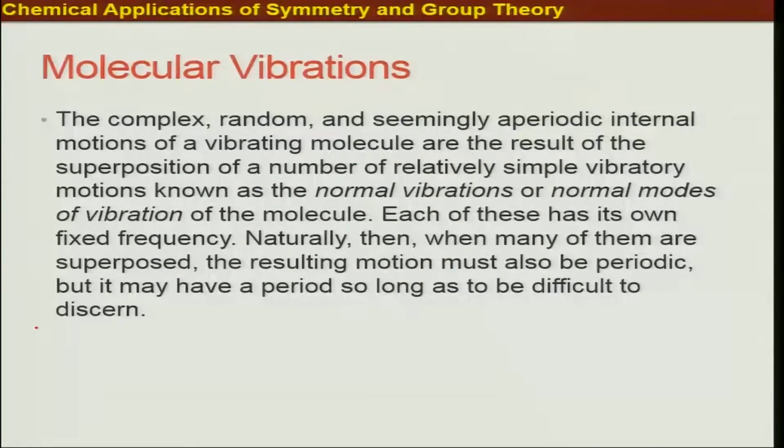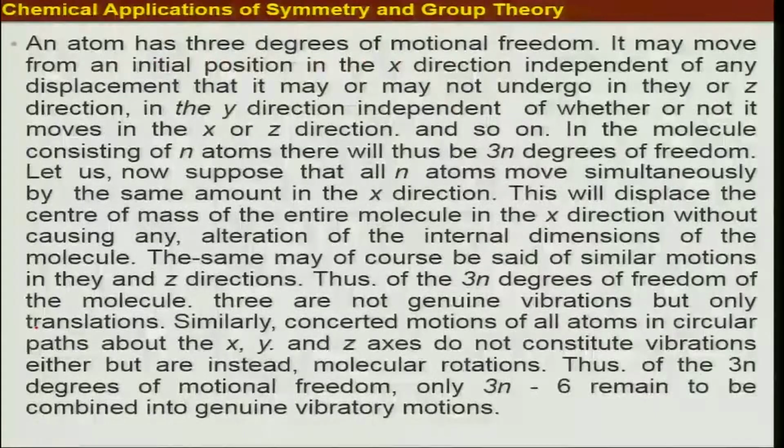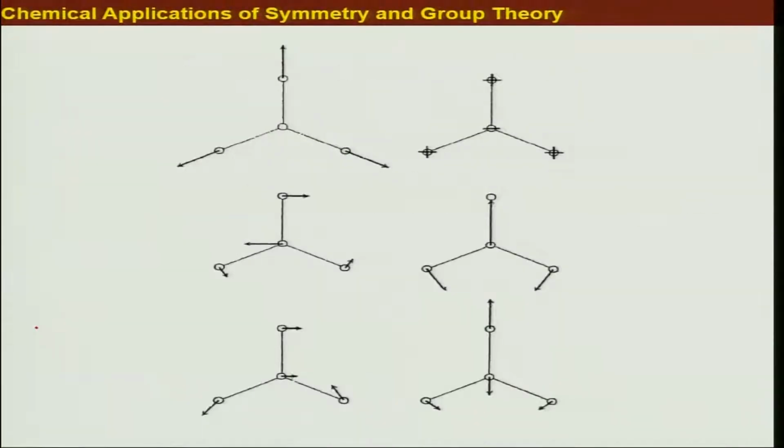All right. So we started talking about the properties of the normal modes of vibration, and in that case we defined the normal modes for a particular molecular ion, which is the carbonate ion, CO3 2 minus, and we depicted all the possible normal modes.